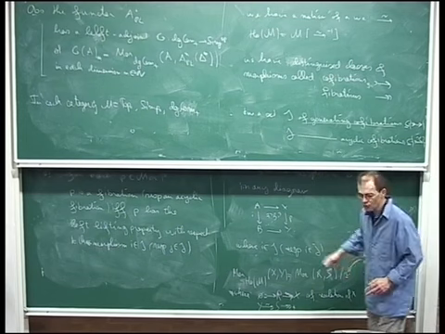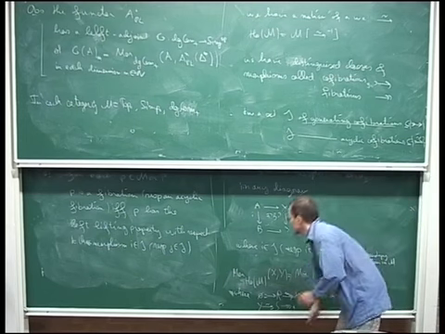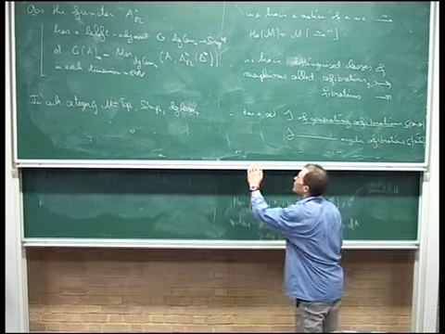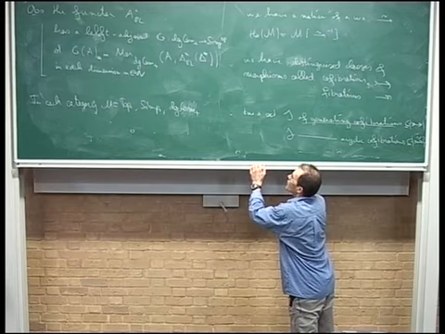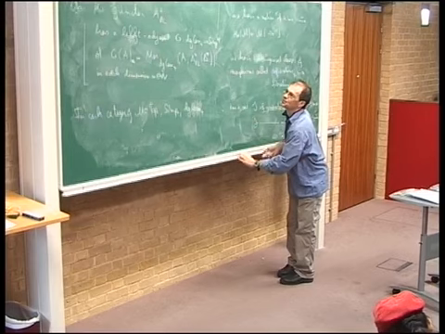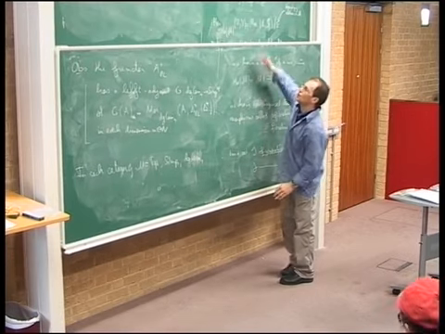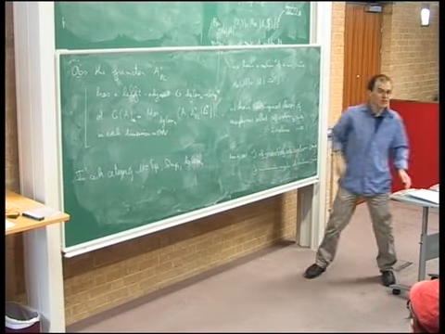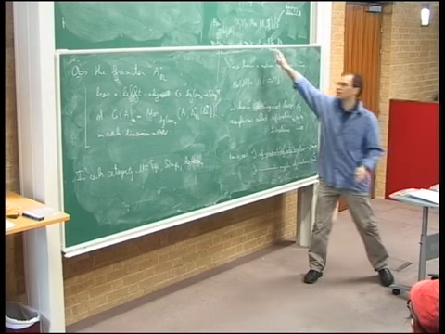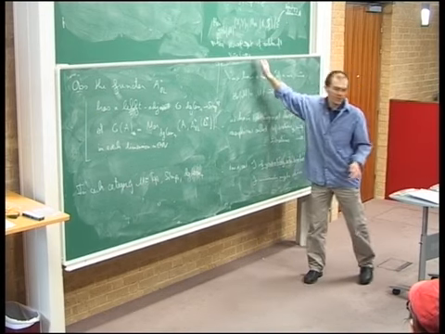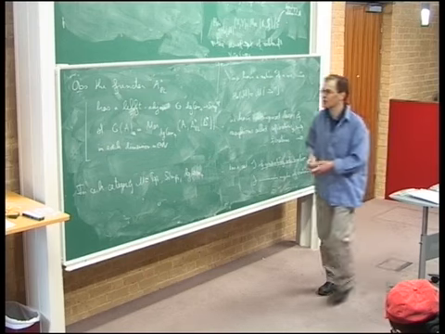So what I'm going to do is to make a table where I say what are the fibrations, what are the cofibrations, and what are the generating cofibrations and the generating acyclic cofibrations in each category.